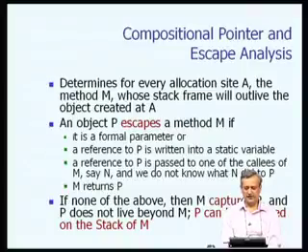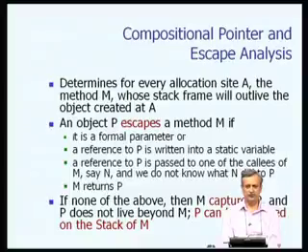A reference to P is passed to one of the callees of M, say n, and we do not know what n did to P. A reference was passed and then something happens to it, again we do not know. And M returns the object P. So, in all these cases we say that the object P escapes a method.